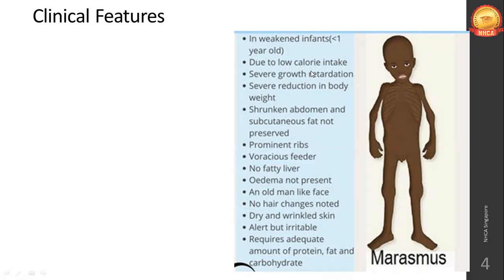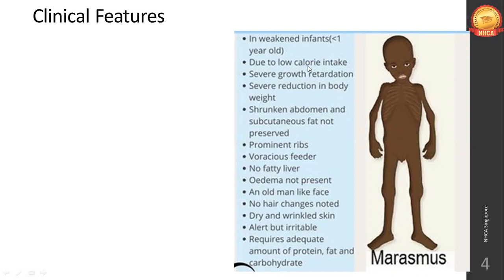If the child has reached the stage of marasmus, the intestines have stopped working properly, and nutritional absorption has stopped working properly. So even if the child is a voracious feeder and eats a lot, it is not getting absorbed properly.